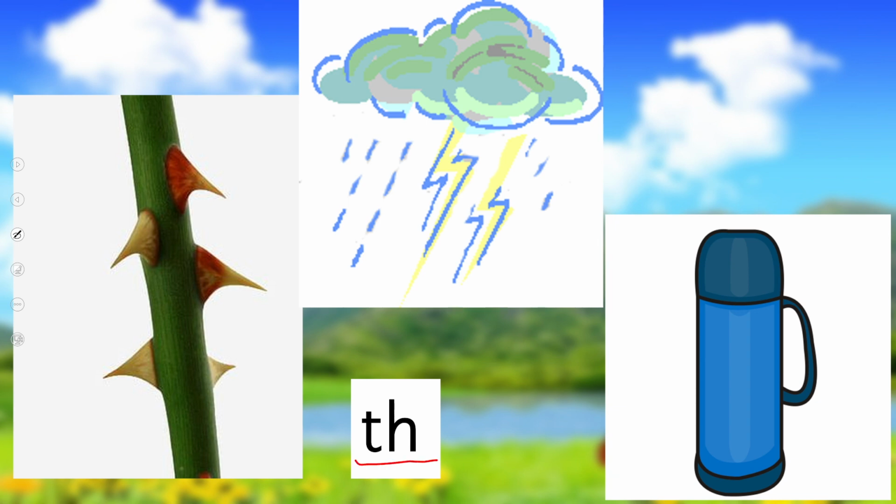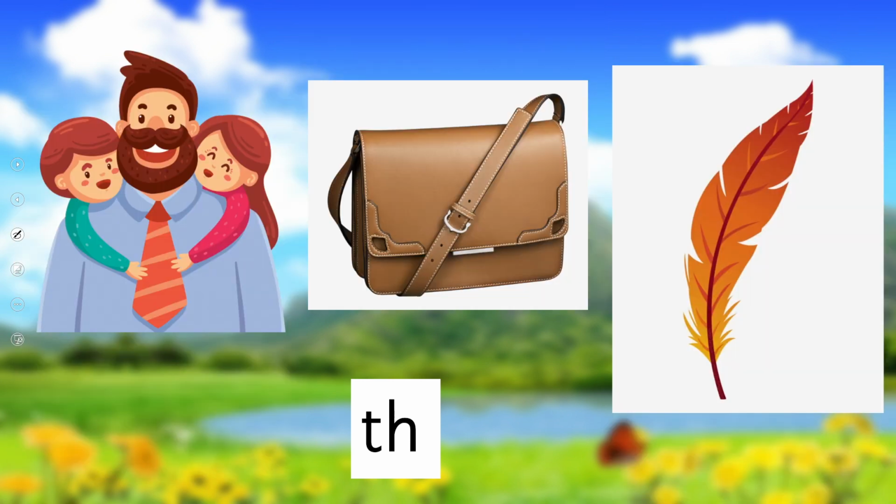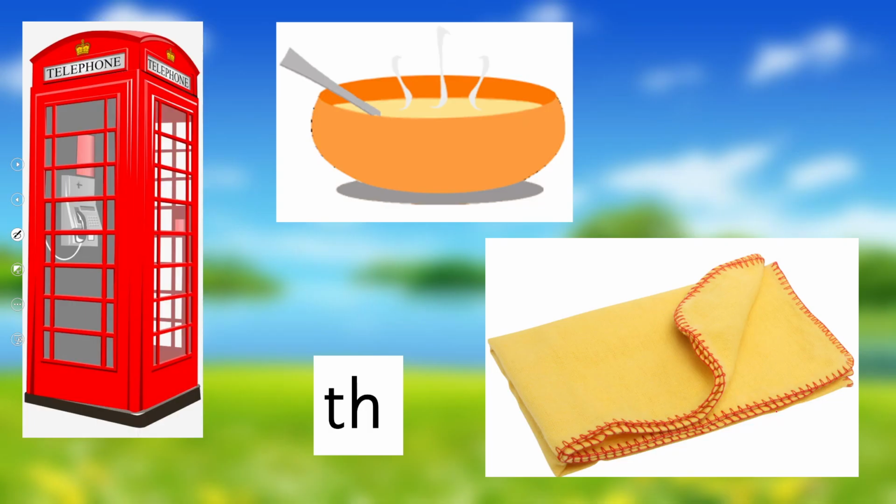Now this digraph is TH. Thunder, thermos, father, leather, feather. This is both, telephone booth, broth, cloth.